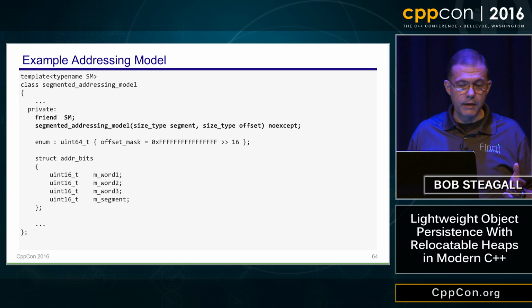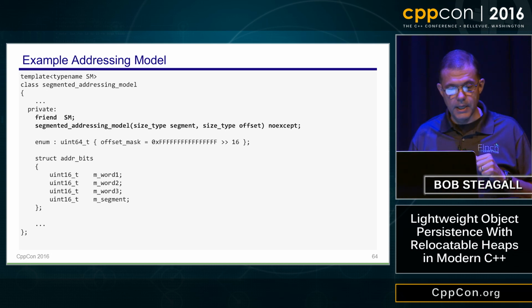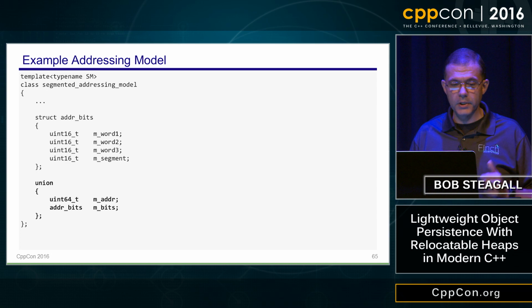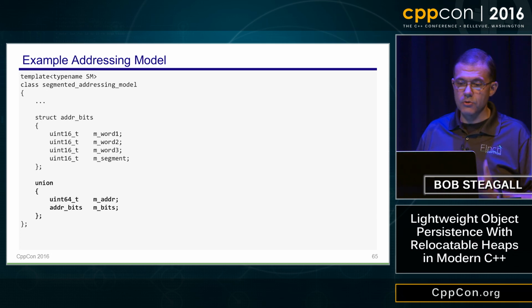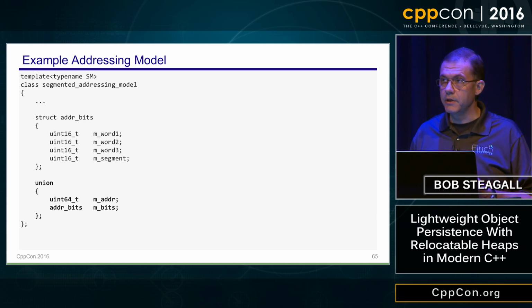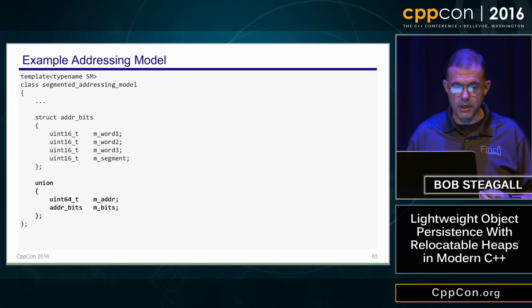In the next part, I've defined a bit mask, and I've defined a structure I call adder bits, which is a 64-bit structure. And I've duplicated it here to show the very bottom of the class. So the actual bits are stored in an anonymous union of a 64-bit integer and an adder bits structure.